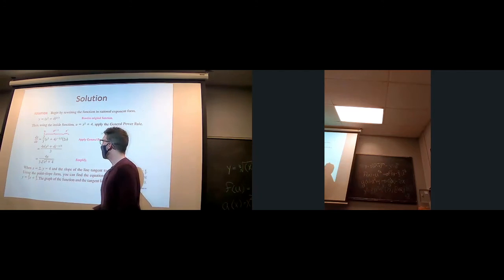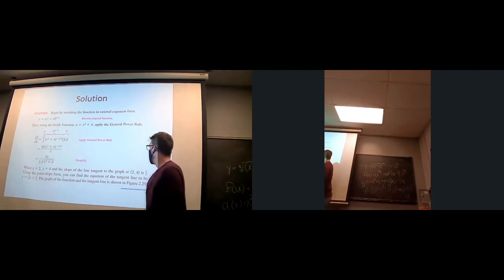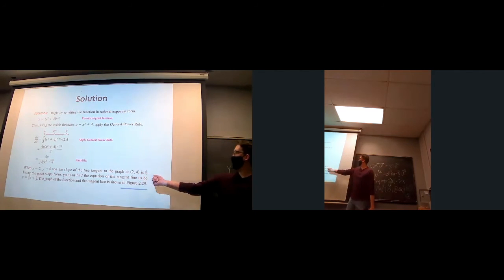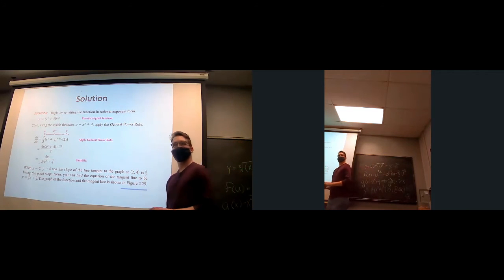Plugging in now 2, we're going to get that our derivative is equal to 4 over 3. Is everybody cool with this? Now we can go on to find the tangent line, same way we have in the past.